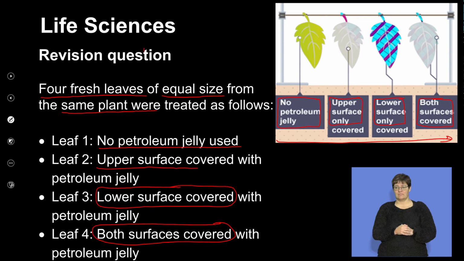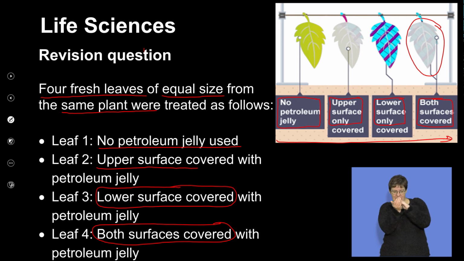Now, you might think, how will putting petroleum jelly or Vaseline on a leaf affect anything? The important thing to remember is petroleum jelly will not let air or water pass through it. So basically, in this leaf, we are sealing the leaf.